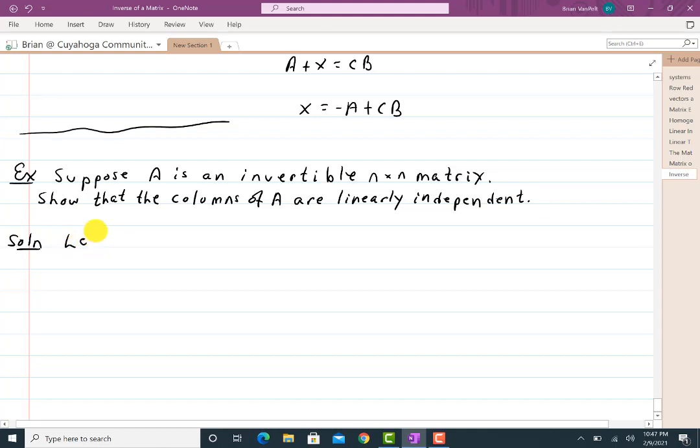So I'm going to let A equal A1 dot dot dot up to An, like so.